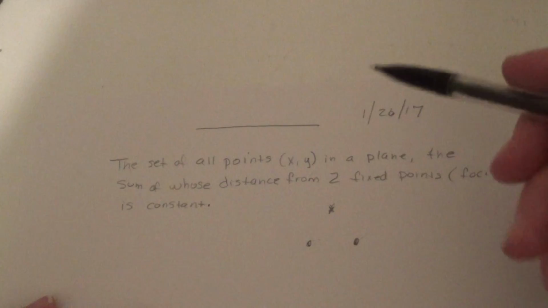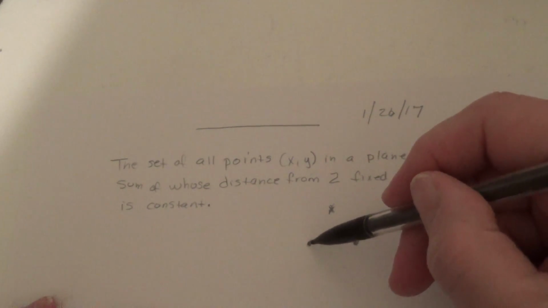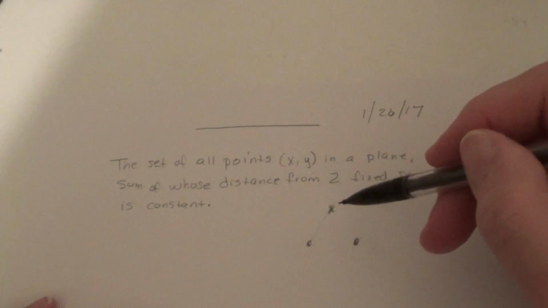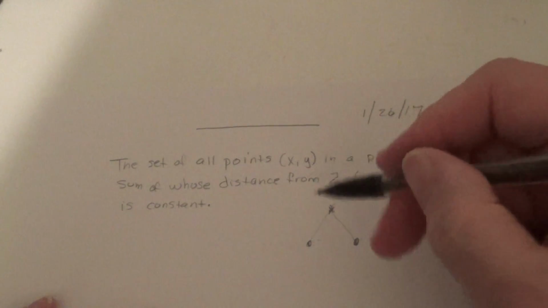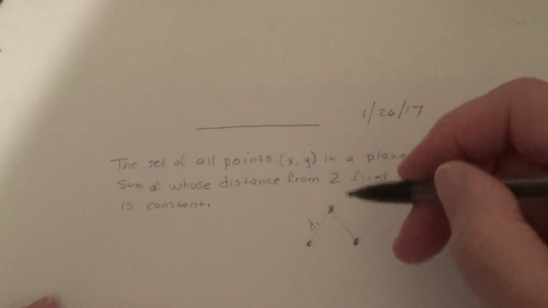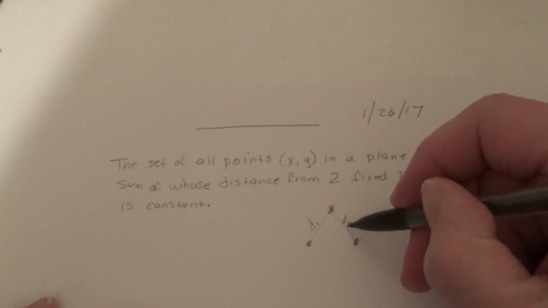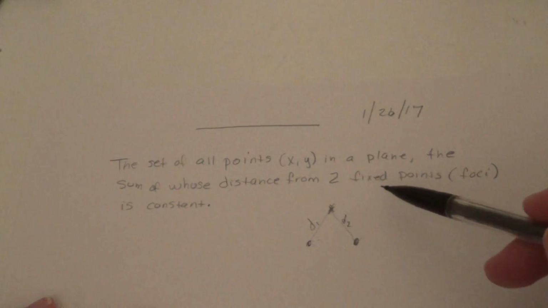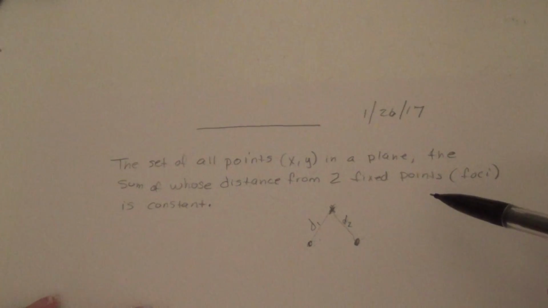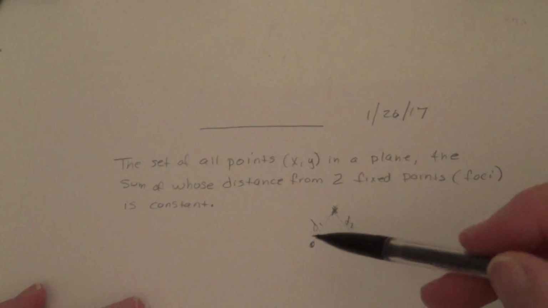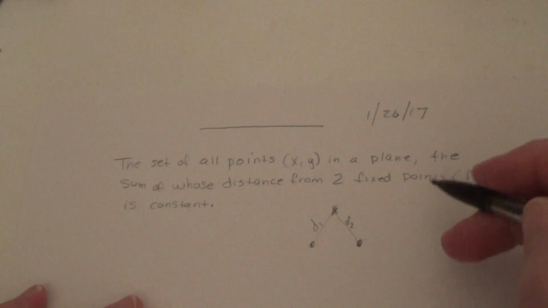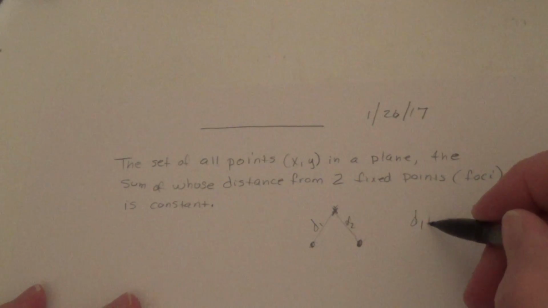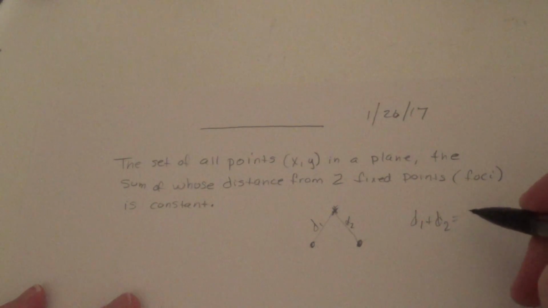That point is some distance from this point and some distance from this point. I can call this distance 1 and this distance 2. In this definition, the sum d1 plus d2 is a constant.